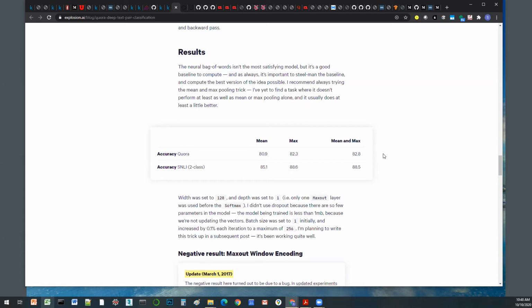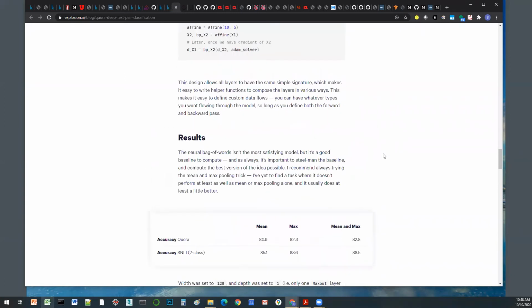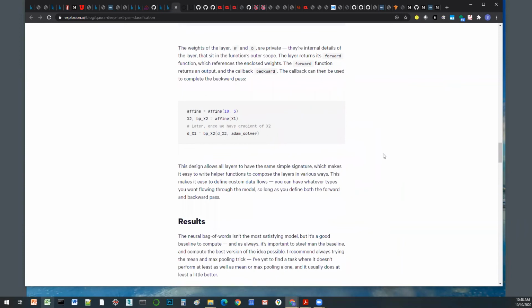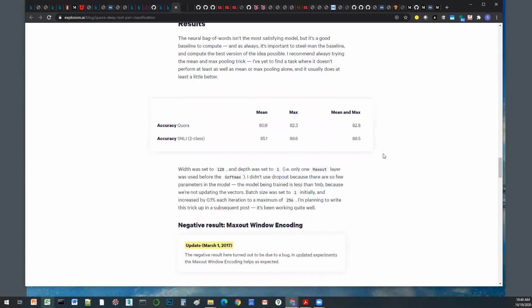Concatenate the 4 results, send them through a neural network which has this max out layer followed by a softmax. Whatever the softmax outputs is the duplicate value, and check how that does. So you train the model using the training data and then apply it on the test data.